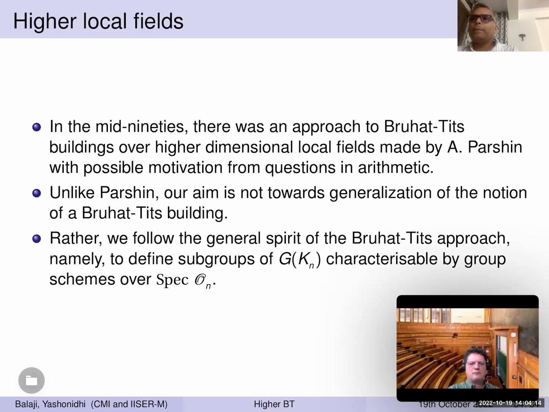I can say geometrically that we are treating the divisors on an equal footing. But in some sense, what Parshin is looking at geometrically can be said as follows.